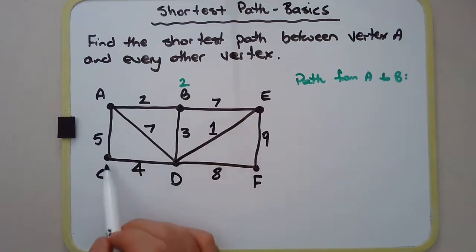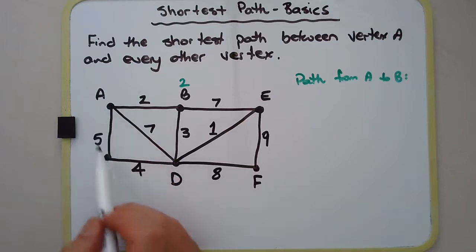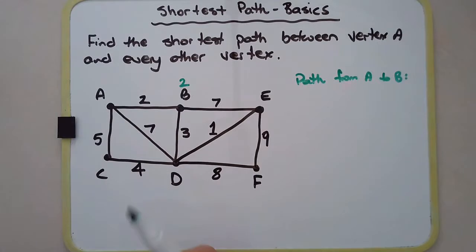What about, say, vertex C? For vertex C, we've got a direct path from A to C, and that costs 5. I call it a cost, sort of a cost in time, a cost in money, or a cost in distance, or some other cost. So that's 5. We can go to C via D, but I don't think that's going to help us here, so that's 11.